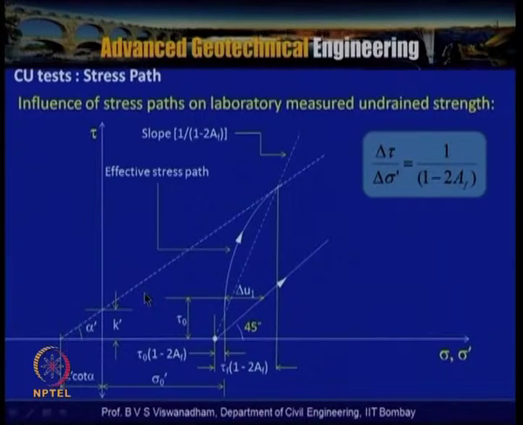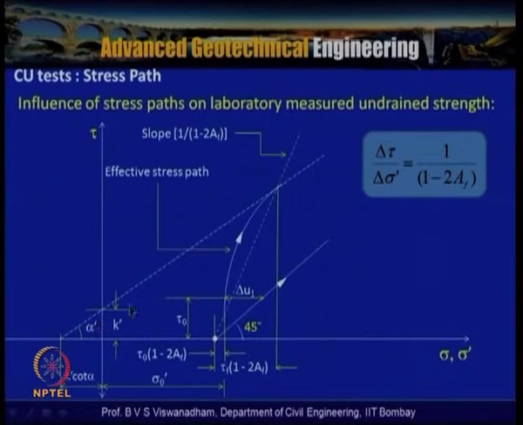So the influence of the stress paths on the laboratory measured undrained strengths can be given by this particular tau, sigma, sigma dash plot here. This line is the KF line, the failure line, and this intercept is K dash, or A according to our notation, alpha dash or psi, and K dash cot alpha is this ordinate.